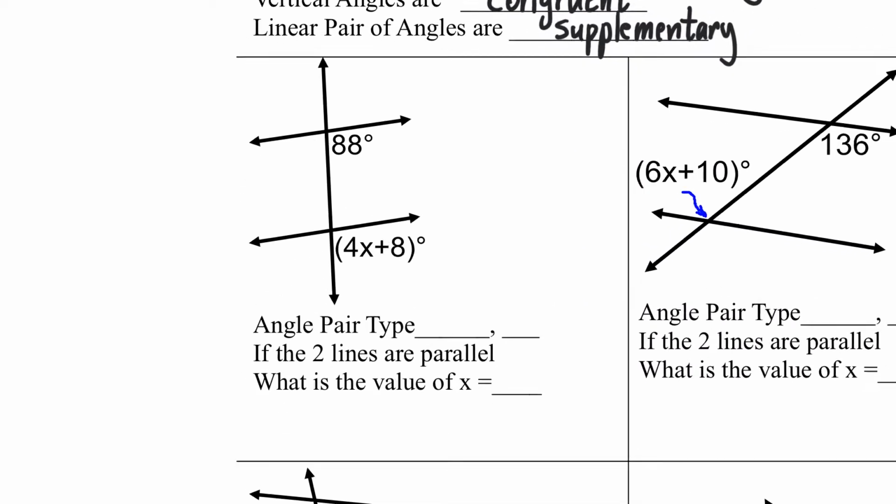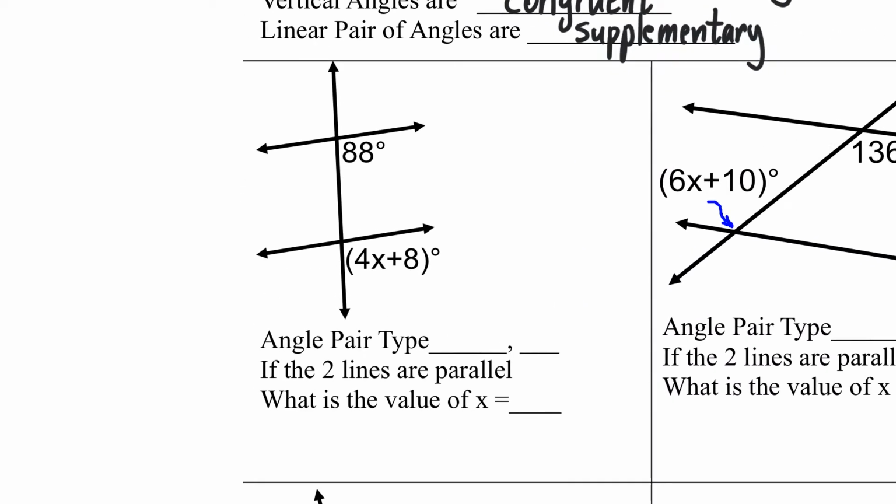So let's think about these right here. These two angles, what type of angle pair are those? They're corresponding. And so if the two lines are parallel, what do I know about those two angles? That they are congruent. So we want to find the value of x.